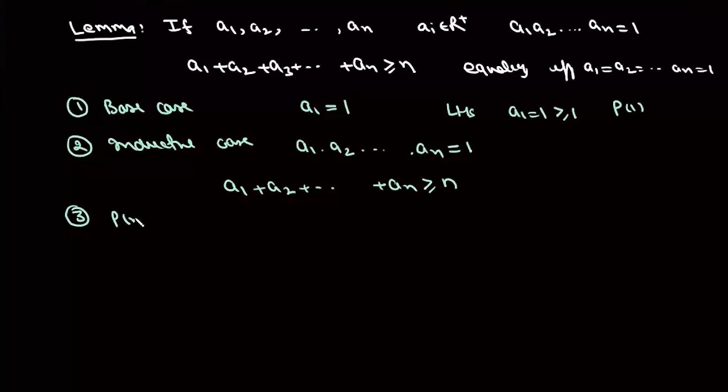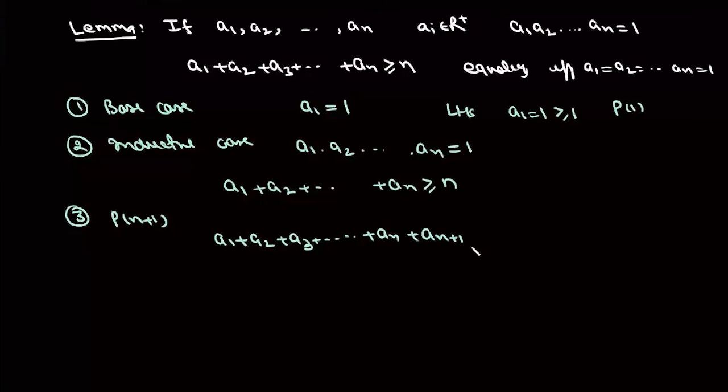Now for P n plus 1, our left hand side is a1 plus a2 plus a3 up to an plus an plus 1, and we'll need to prove it is greater than or equal to n plus 1.